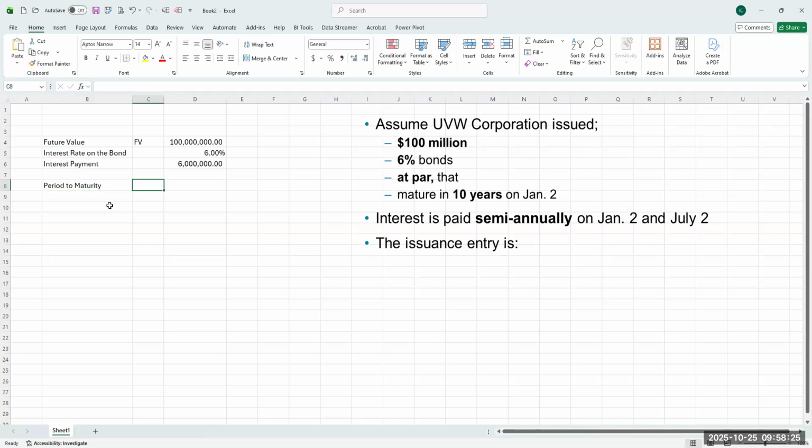The interest payment we're going to call PMT. The period to maturity we're going to call N, number of periods, 10 years. Now, the tricky part here is that we have to pay the interest semi-annually. Payments per year, those will be 2 payments per year.